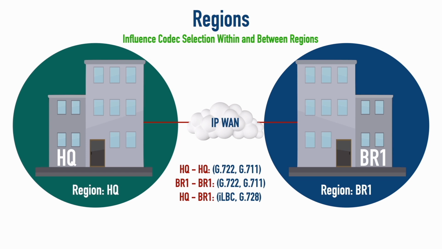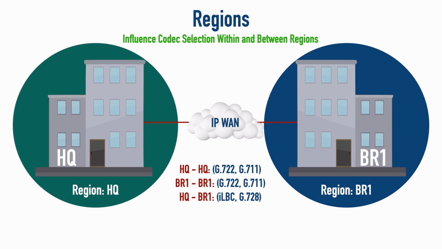Again, I'm not forcing the codec to be iLBC, I'm just setting that 16 kilobit per second threshold. Could I negotiate G.729 if that's what my endpoints preferred? Absolutely, because the G.729 bandwidth of 8 kilobits per second, that definitely falls under the threshold of 16K set by iLBC or G.728.